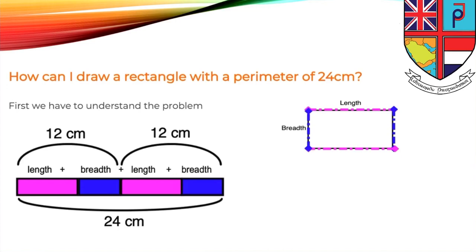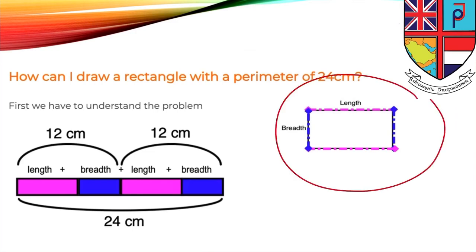Okay, so how can I draw a rectangle with a perimeter of 24 centimeters? So the simplest thing here to do is we know that the whole thing is 24 centimeters. The perimeter around all of the edge here is 24 centimeters.